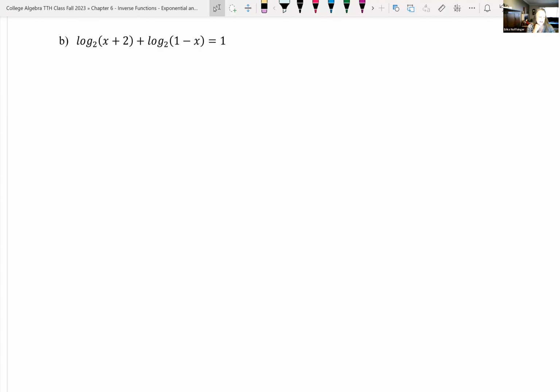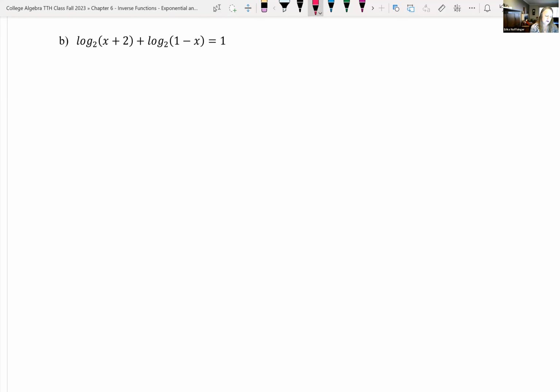So the next example in front of us, we have log base 2 of (x plus 2) plus log base 2 of (1 minus x), and this is equal to 1. I notice I cannot manipulate this to be a log equal to a log because of that 1 there.